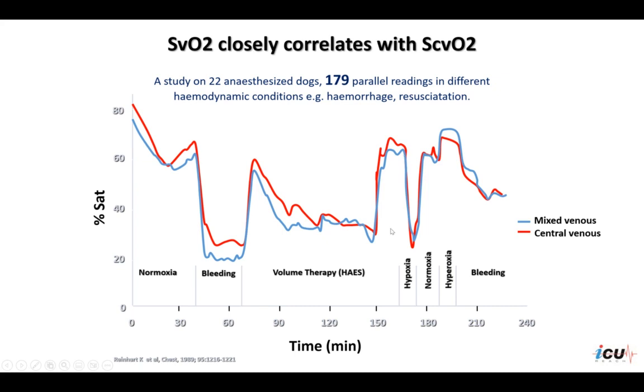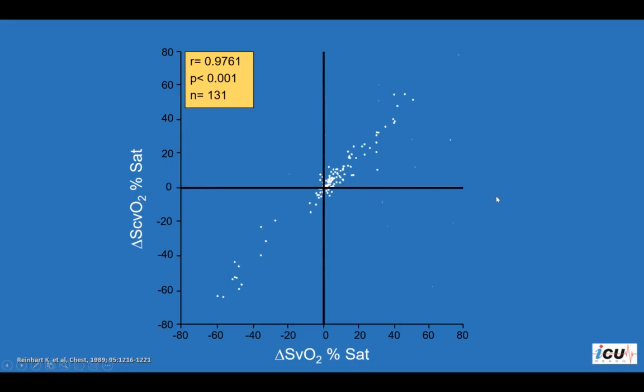And in different conditions, such as hypoxia, normoxia, or hyperoxia, they correlated with each other. And then if you plot the mixed venous saturation with the central venous saturation in this study, they got a linear relationship and very good correlation between the two.